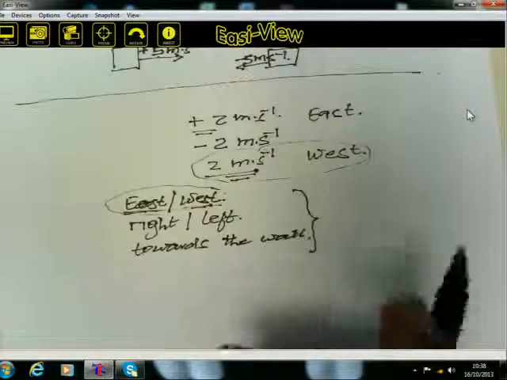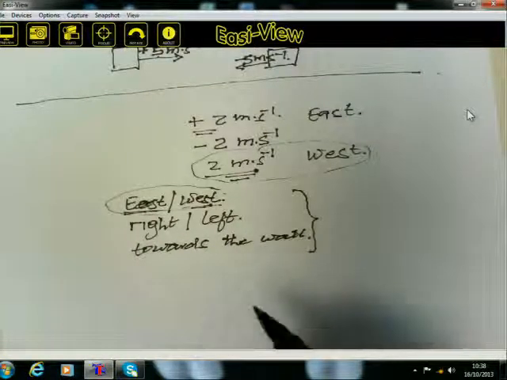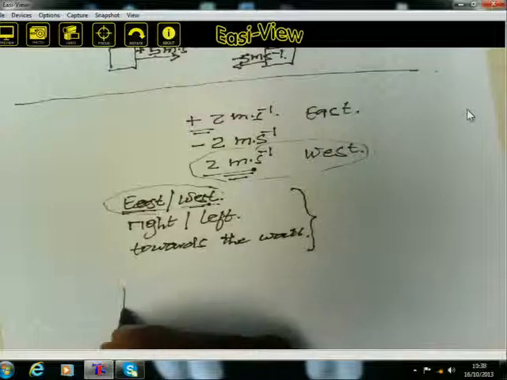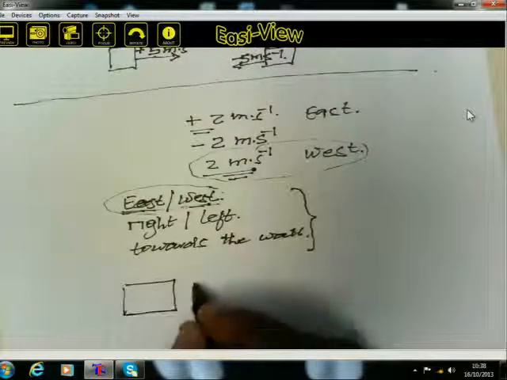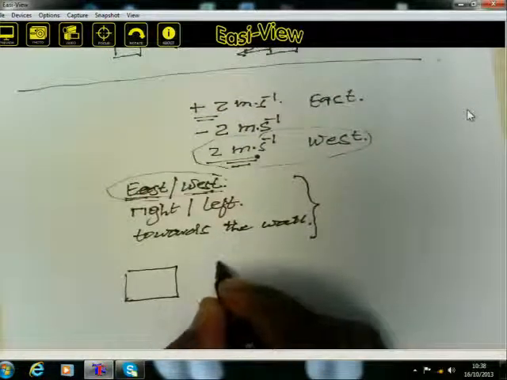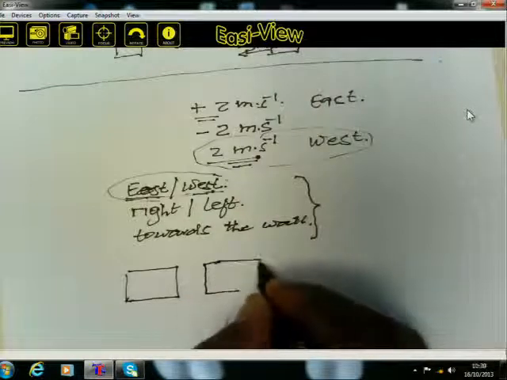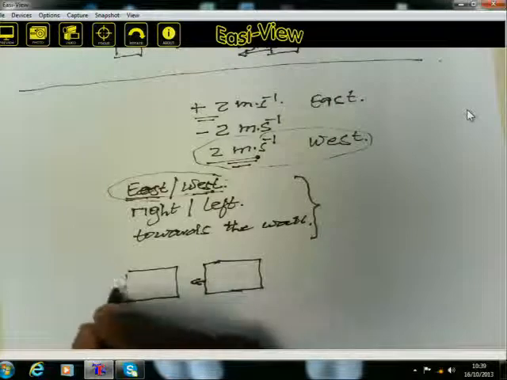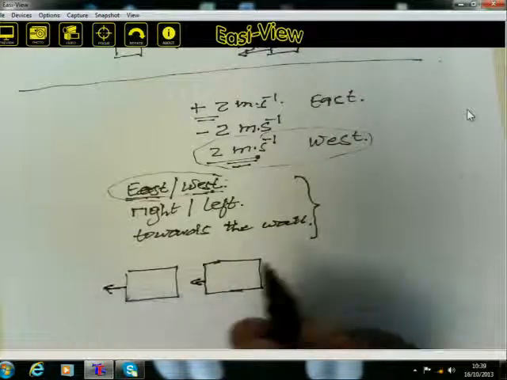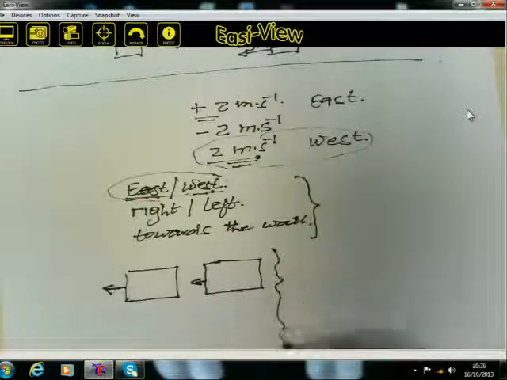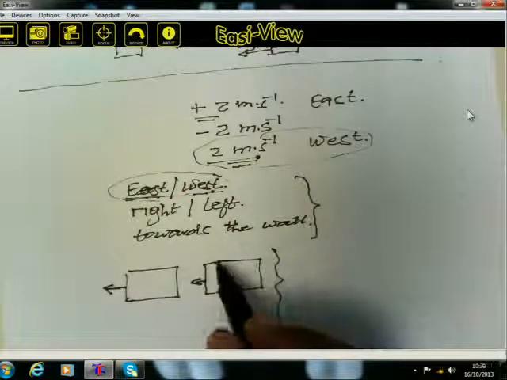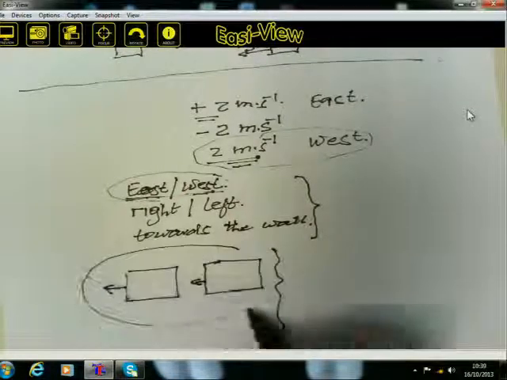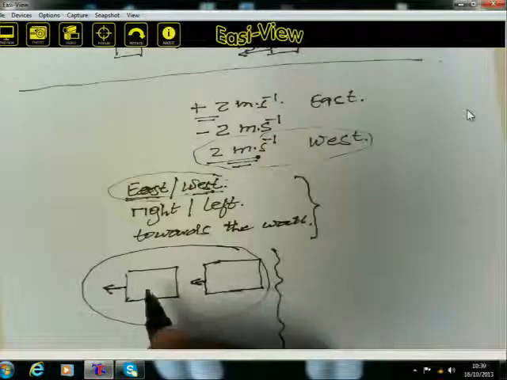We know that the total momentum, if you have two objects, say this one is moving in that direction and that one also is moving in that direction, before collision, we talk about the total momentum of these two objects.